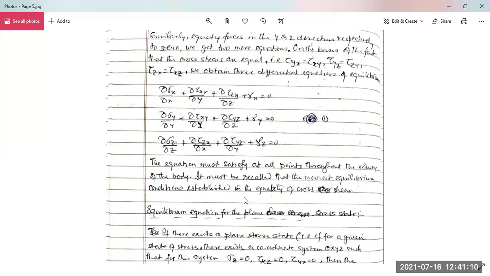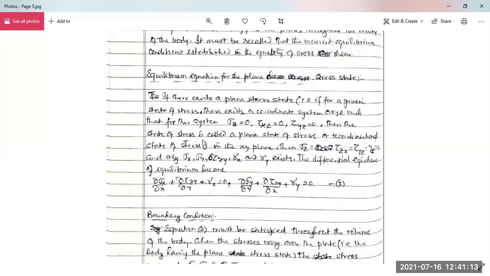If there exists a plane state of stress, that is, if for a given state of stress there exists a coordinate system O, X, Y, Z such that for this system sigma z is equal to 0, tau xz is equal to 0, tau yz is equal to 0, that is, any stress along the z direction, the tensile and shear, are all 0, then the state of stress is said to be a state of plane stress, or a two-dimensional state of stress in the xy plane.